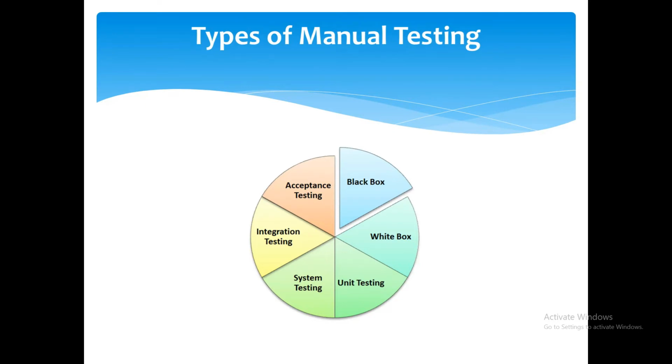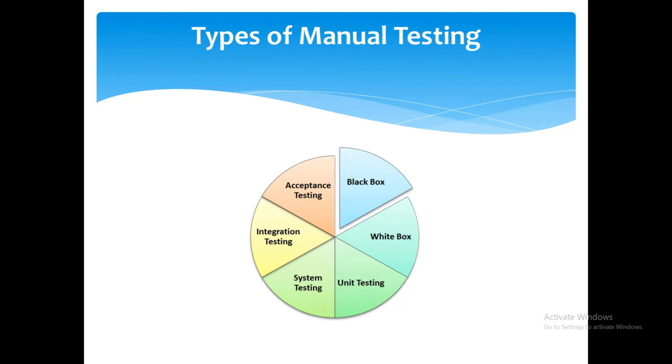Correct? Then we will discuss. I'll give a description also. What is white box testing, black box testing, unit testing, system testing, integration testing, and acceptance testing. Now, first one is white box testing.